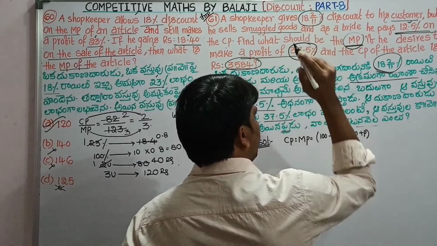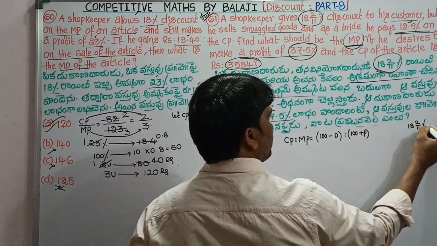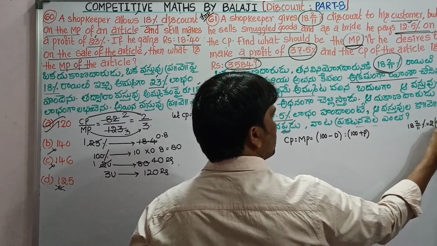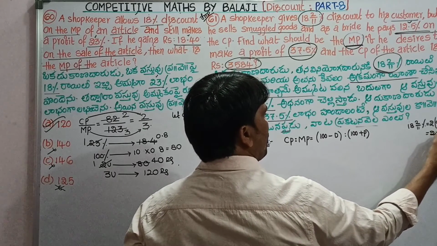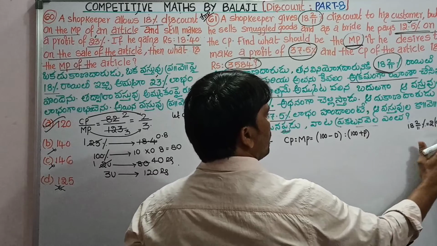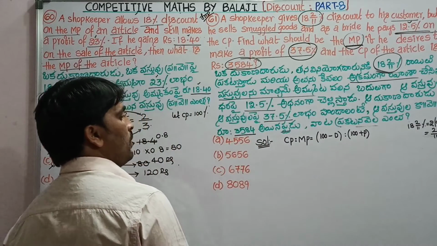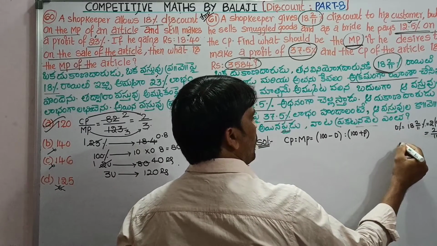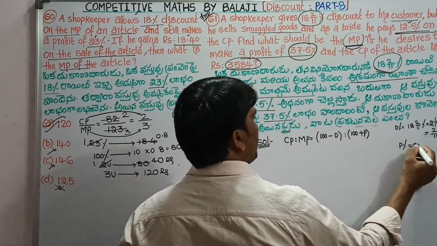Since the discount is 18 whole 2 by 11%, it can be written as 2 times 9 whole 1 by 11%. So 2 times 9 whole 1 by 11 is 1 by 11. So it is 2 by 11. The fraction value is 2 by 11, and it is the discount percent. And he desires to make a profit of 37.5%.